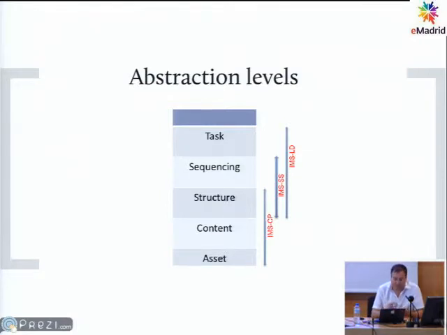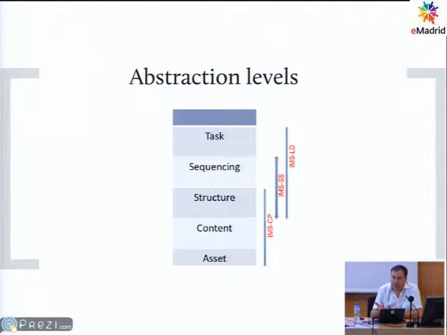For example, some of the entities in the XML model of content packaging deal only with structure and content, accessing and organizing that, but with no information about how to sequence or which content is a prerequisite for another one. So we need another specification in order to handle that abstraction level.